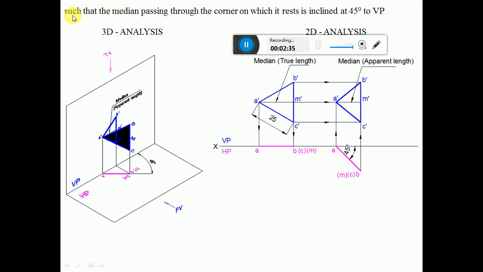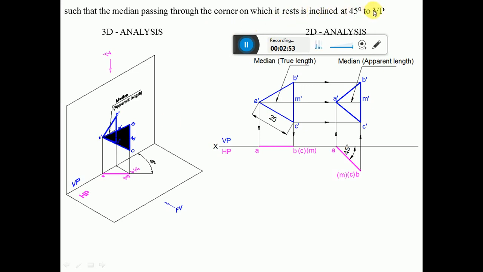Now here, such that the median passing through the corner is resting on one of the corners on VP, the median is inclined at 45 degrees to VP first.